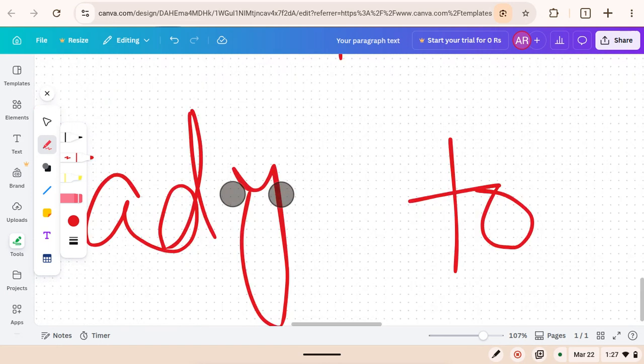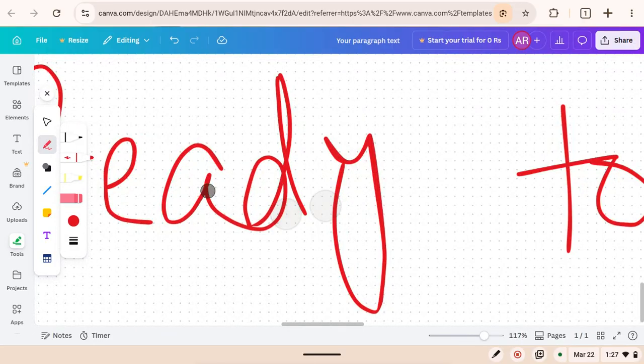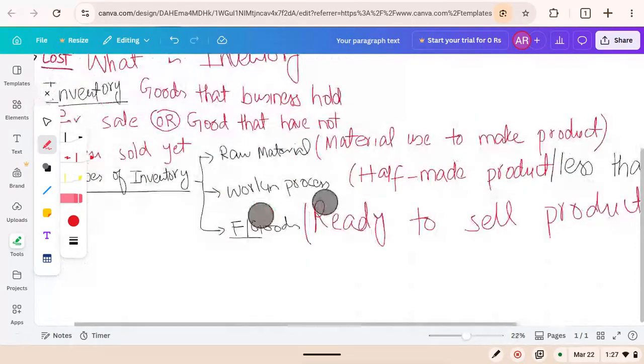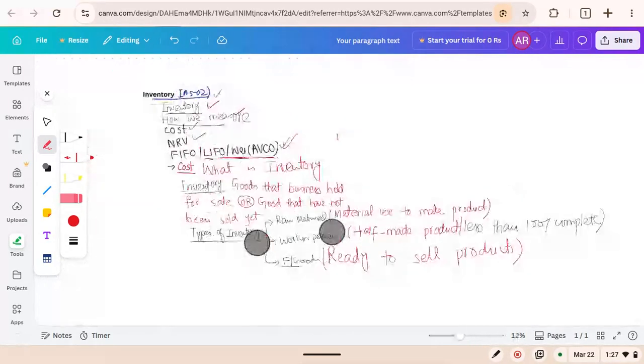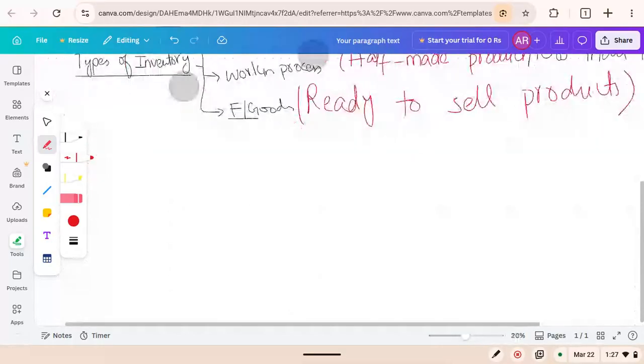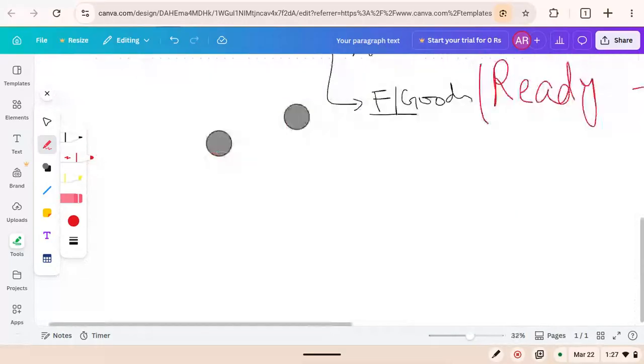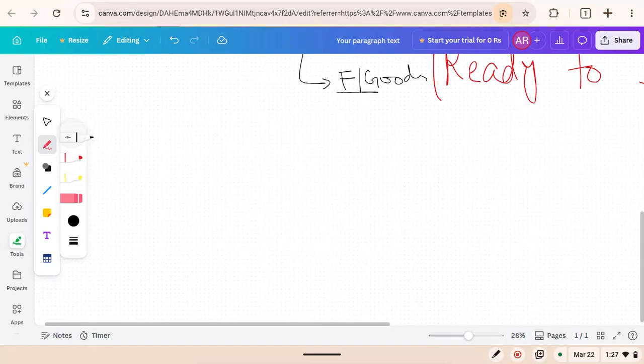Now I am going to tell you how inventory is measured. Inventory is basically measured at the lower of cost or NRV.